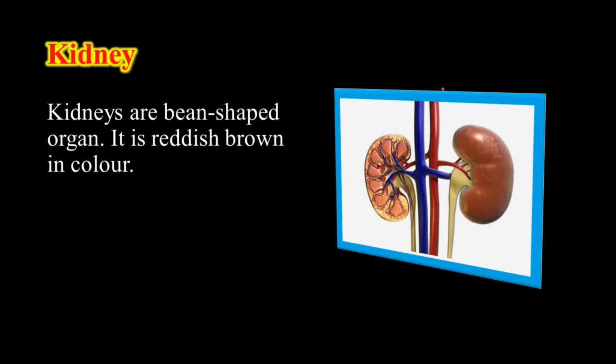Blood filled with waste material comes from different parts of the body and enters into the kidney, and the waste is filtered from the blood and purified blood is sent out for normal circulation, and the waste material which is filtered by the kidney is transferred along with water through the ureter into the urinary bladder in the form of urine.